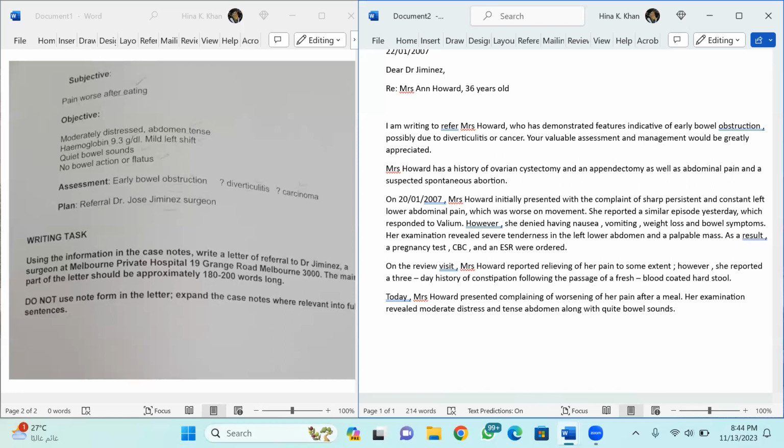Or you can also start like this: moderate distress and tense abdomen along with quiet bowel sounds were noted on her examination. Or on examination, moderate distress and tense abdomen along with quiet bowel sounds was appreciated. You can write that also.